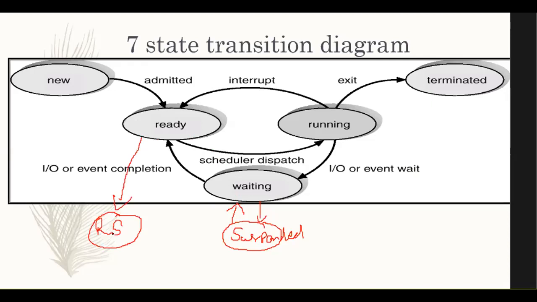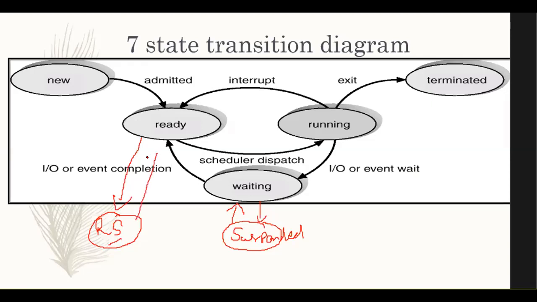So yes, I can bring processes into ready suspended. Then what will be the nature of this? If processes come into the ready suspended state, after memory gets free, what will happen to the processes which are in ready suspended? So what can we do?